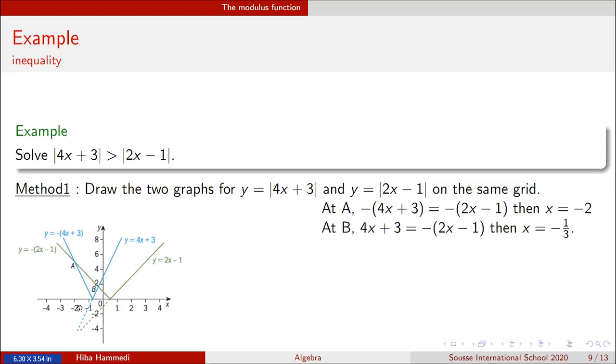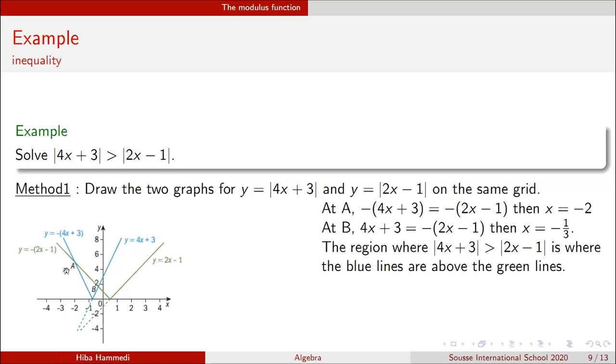Now, how will I solve this graphically? Well, I just need to pick the parts where the blue graph is above the green graph. So as I can see here, if I take whatever value x that is less than negative 2, the blue line is above the green line.